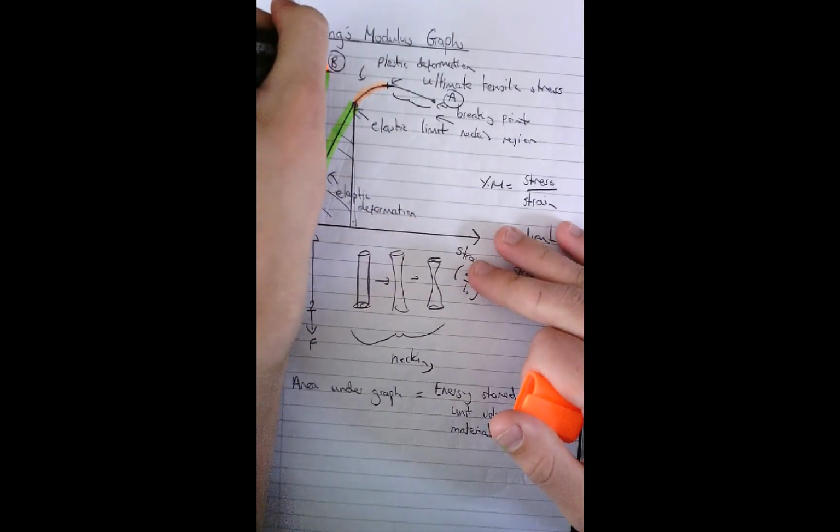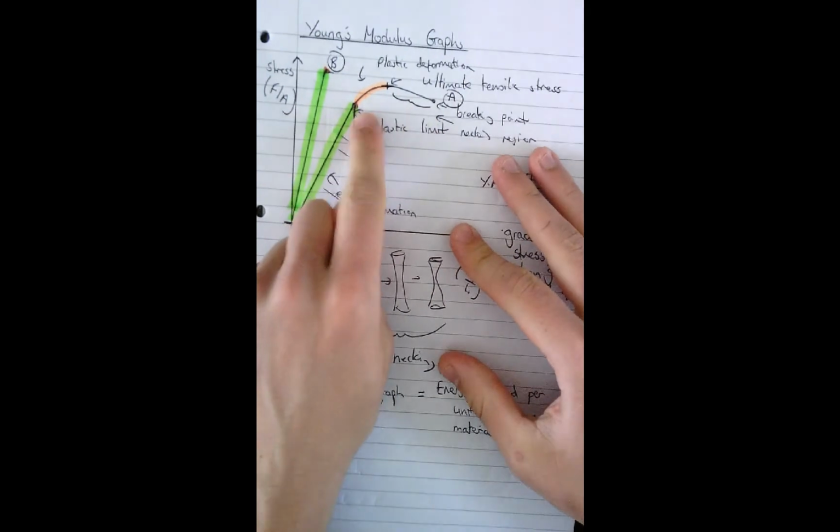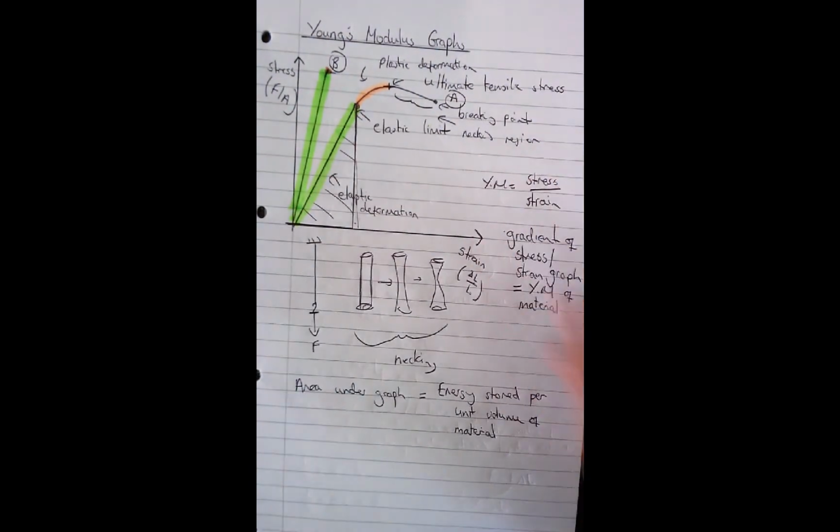So very quickly, near the ultimate tensile stress of that material, it'll be pulled and then it will very quickly break without this long period of plastic deformation that you get with that material.